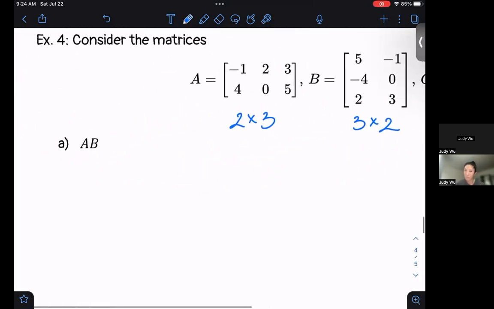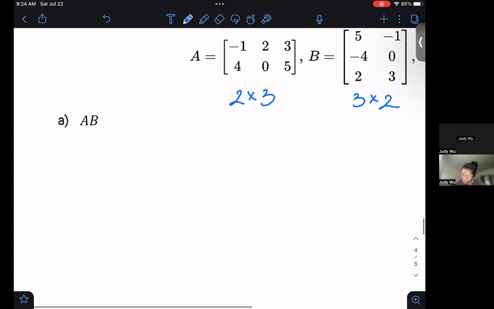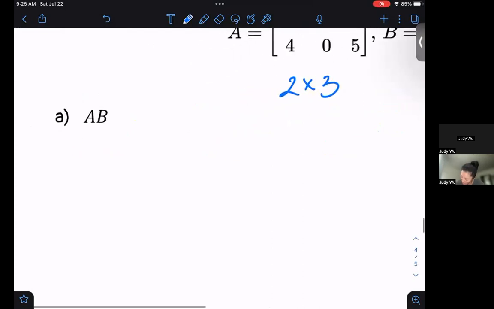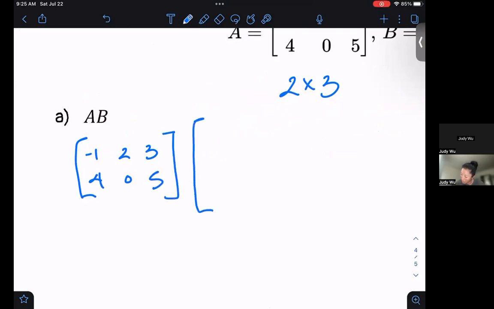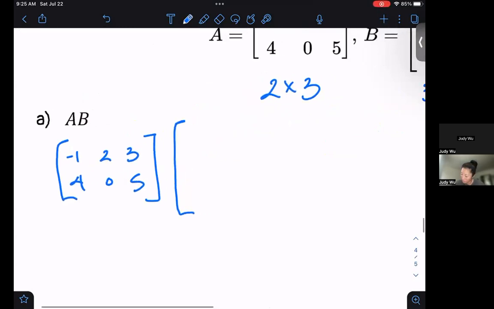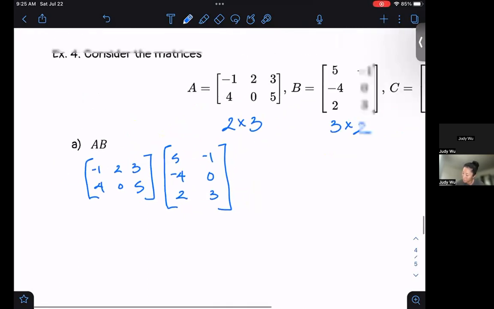All right, let's get started. AB means we take our A matrix, -1, 2, 3, 4, 0, 5, and we multiply it by the B matrix, which is 5, -4, 2, and -1, 0, 3.